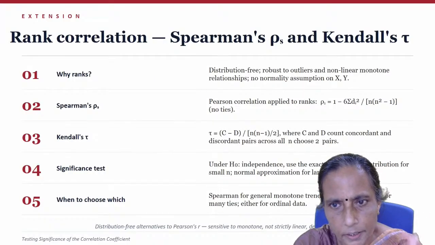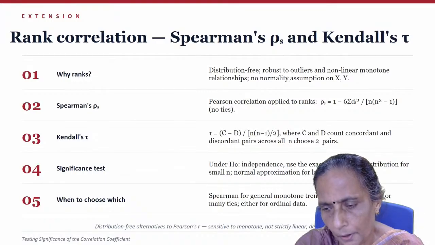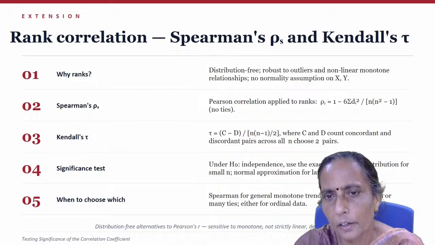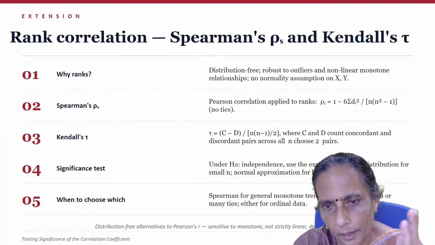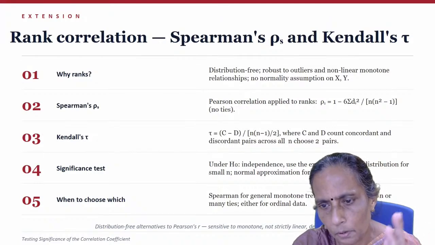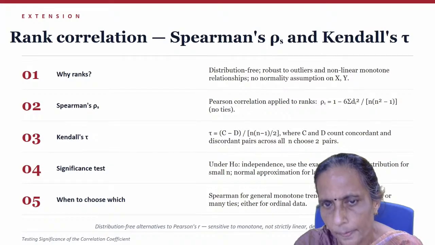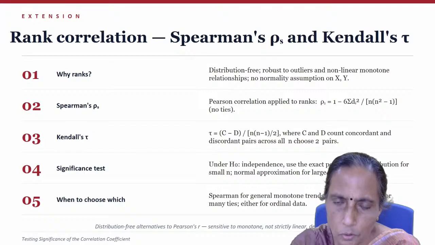Why ranks? It is distribution free. That means if your variables are not following any distribution, then we can assign them certain ranks. If your variables are not quantitative, in those situations your ranks should be there.